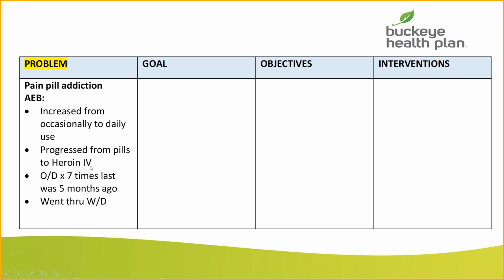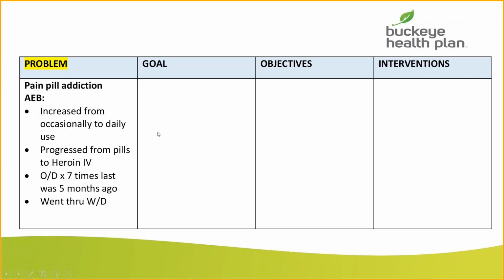She went from the pain pills to heroin IV. She's overdosed 7 times in the last 5 months. And she went through withdrawal, and I didn't add down here, she went to jail. So this is evidence of how the addiction has affected this individual's life.